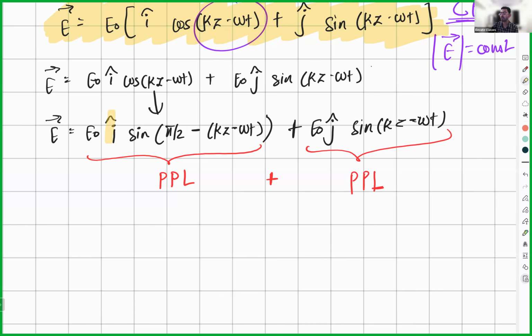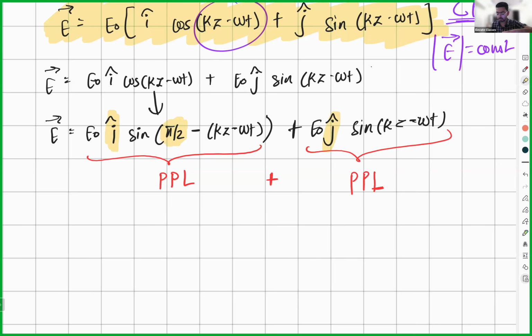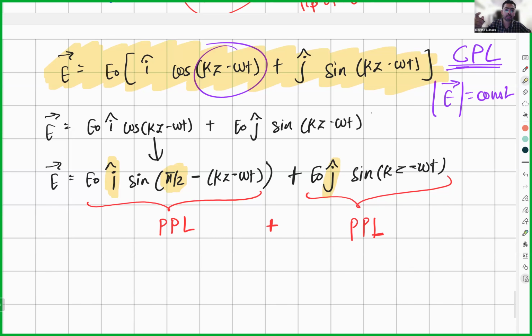This is along i cap, this is along j cap. One more thing to note is that both plane polarized lights should also have a fixed phase difference of pi by 2, because the extra factor over here is pi by 2. So if we have a sine and a cosine, sine in the y direction and cosine in the x direction, it sets up a phase difference of pi by 2 between the x and y directions. You have to keep this in mind.